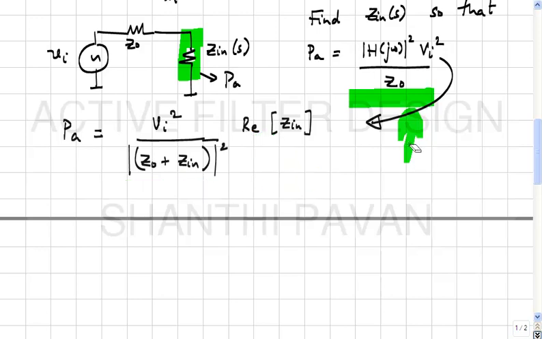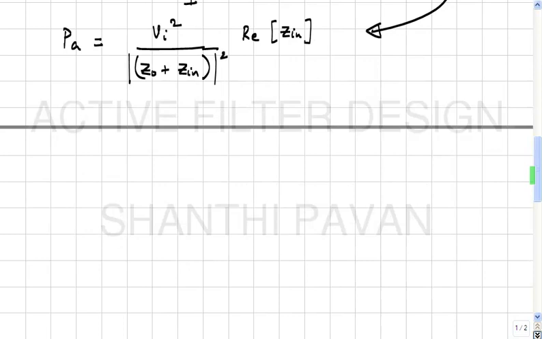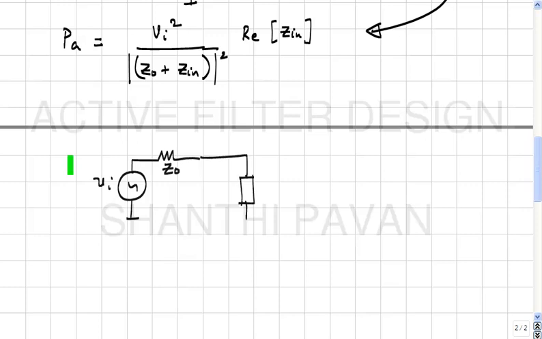Now, let me rewrite this in a slightly different light. Have Vi and Z0. What is the maximum power that can be dissipated in any impedance here?